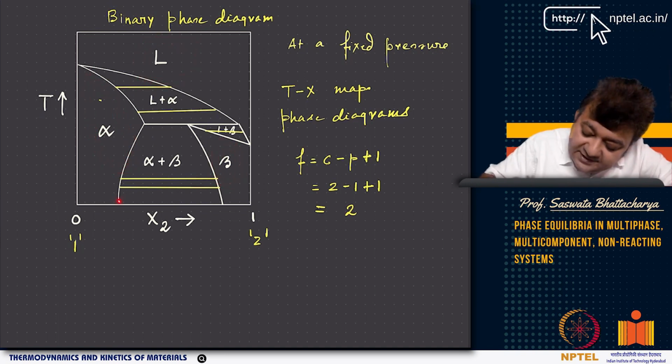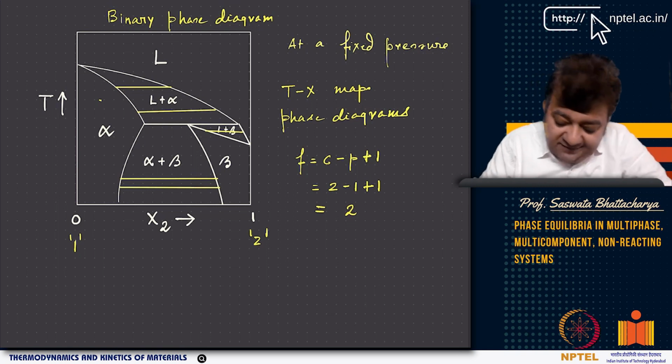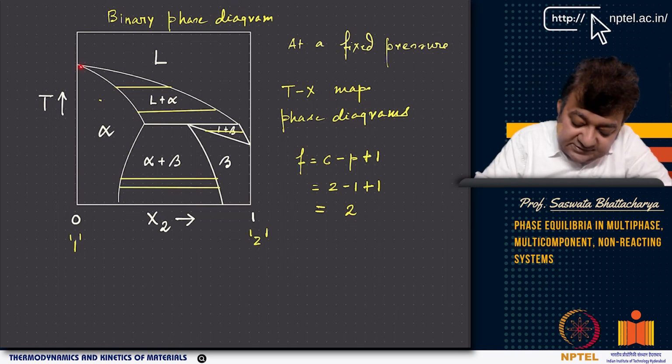Now, if you look at these phase boundaries, they are coexistence boundaries. They have coexistence of two solids or coexistence of a liquid and a solid, for example. This boundary is the coexistence between alpha and liquid.